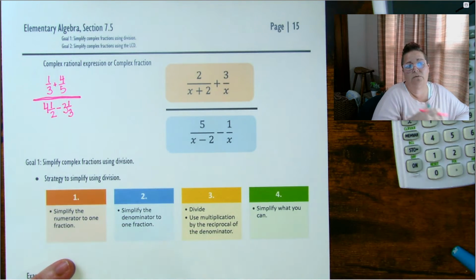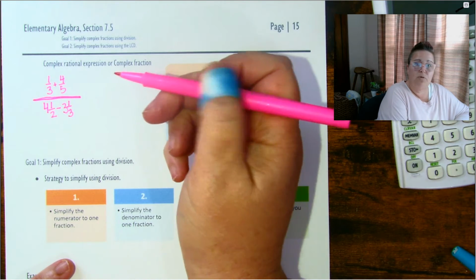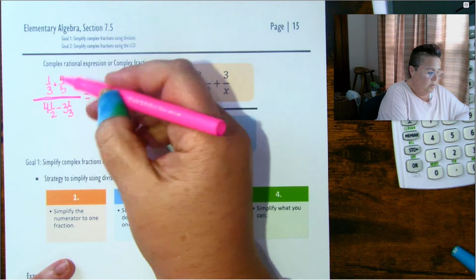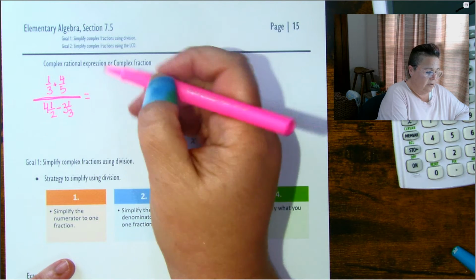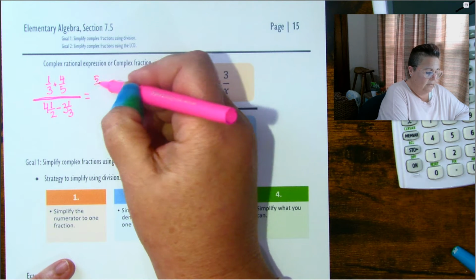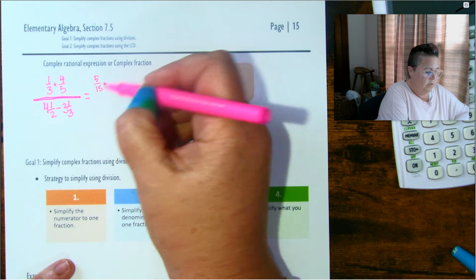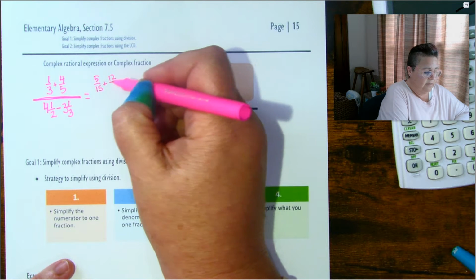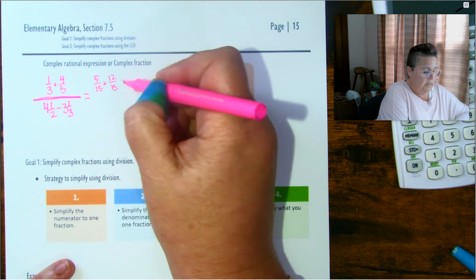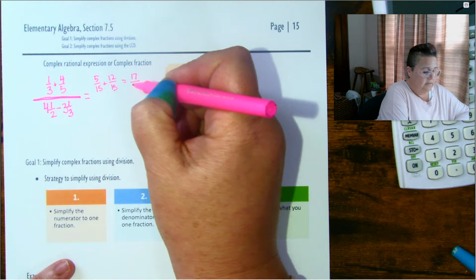If you had a problem like this in a pre-algebra type course, what you would do is find a common denominator here. You would rewrite this as 5/15 plus 12/15 and get 17/15 there.